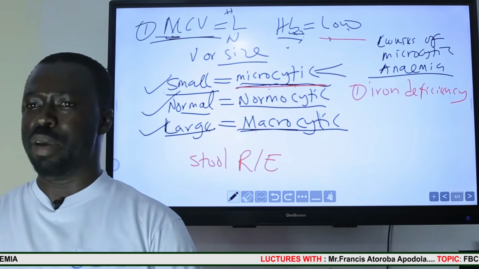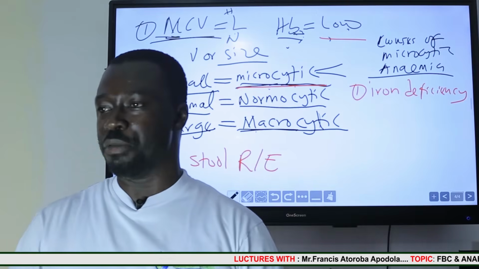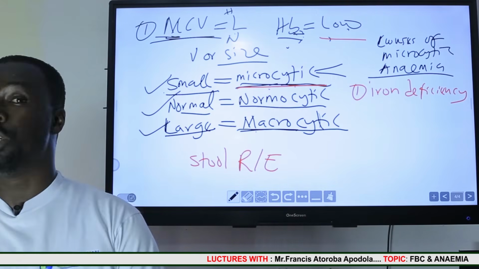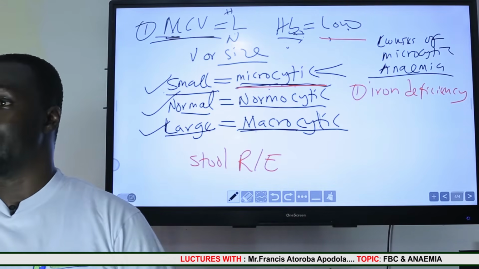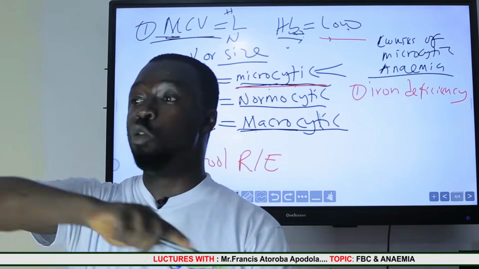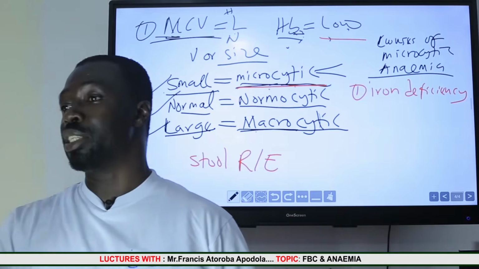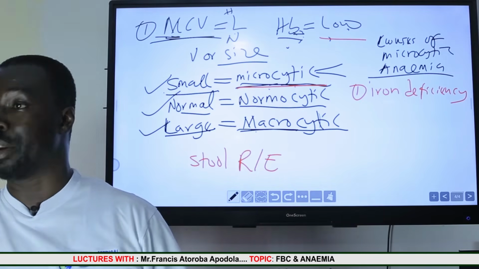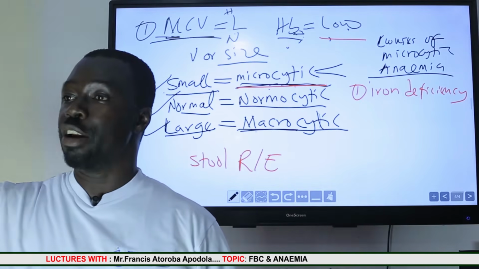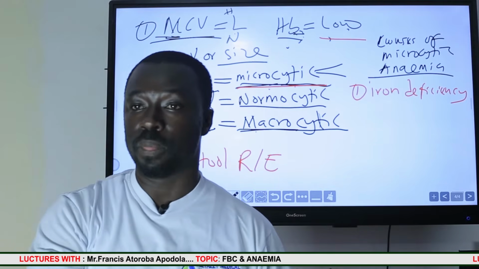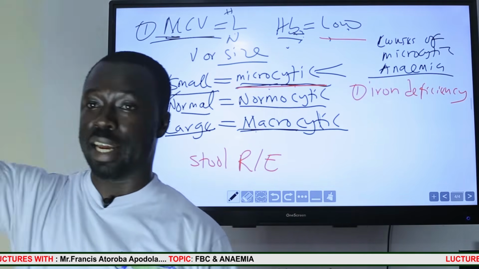You check, based on history, you can find out from the patient why the patient is urinating blood in the urine. There is no organ in the human body that excretes iron. But anytime you lose a single red blood cell, you have lost iron, because iron is found in the hemoglobin, and hemoglobin is found in the red blood cell.